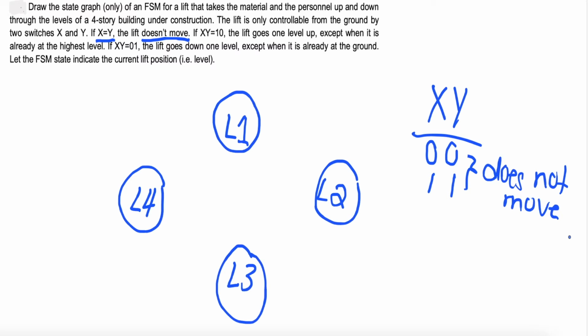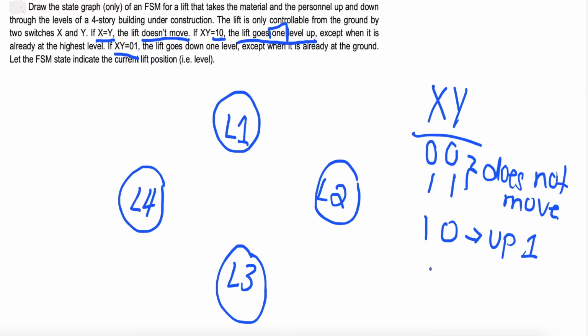Next we have, if XY is equal to 1, 0, the lift goes one level up. So we have one level up. Okay? So we have X is 1, 0, right? I'm going to put up 1. The next piece of evidence that we have to finish this problem is if XY is equal to 0, 1.